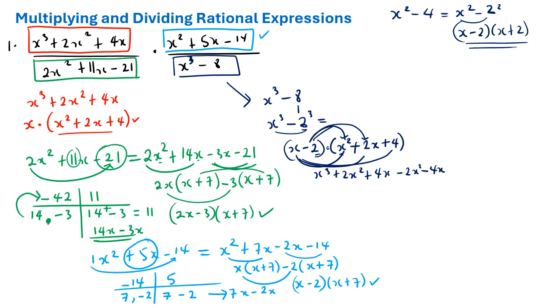And then when you go with -2 times 4, you get -8. And you can see how these are going to cancel out. The 2x squared and -2x squared cancel, and 4x will go with -4x because these are opposites, and you're left with x to the third minus 8. So this is one cool way to factor the difference of cubes.